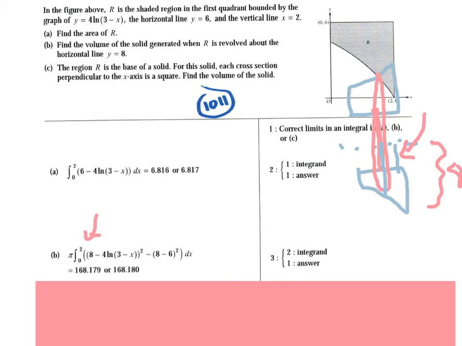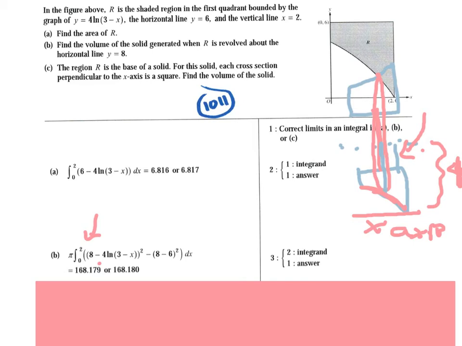When I look at this 8, this would be top minus bottom. So my apologies, because this is your x-axis right there. What we need to do is find this side here, which isn't really 8. It's the top, which is 8, minus the bottom, which is this bottom piece right there, which is 8 minus 4 ln 3 minus x quantity squared.